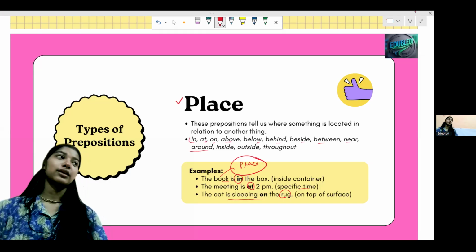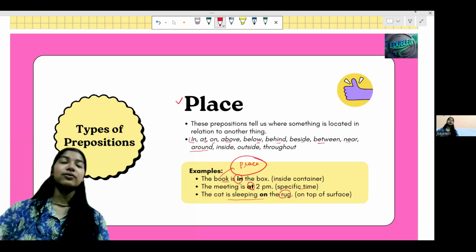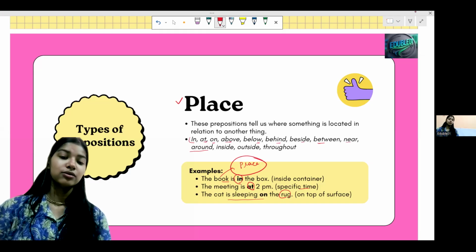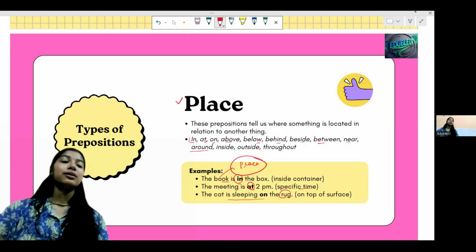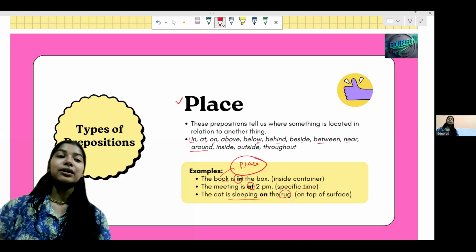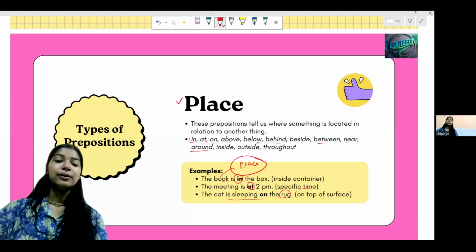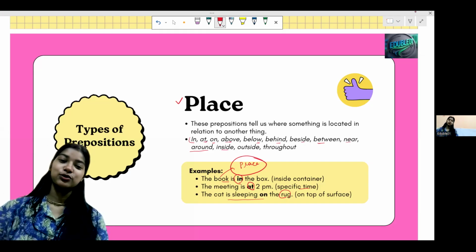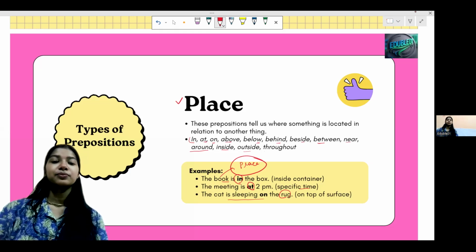Around: Ria is roaming around the school. Inside: Ria is inside the school. Outside: Ria is outside the school.